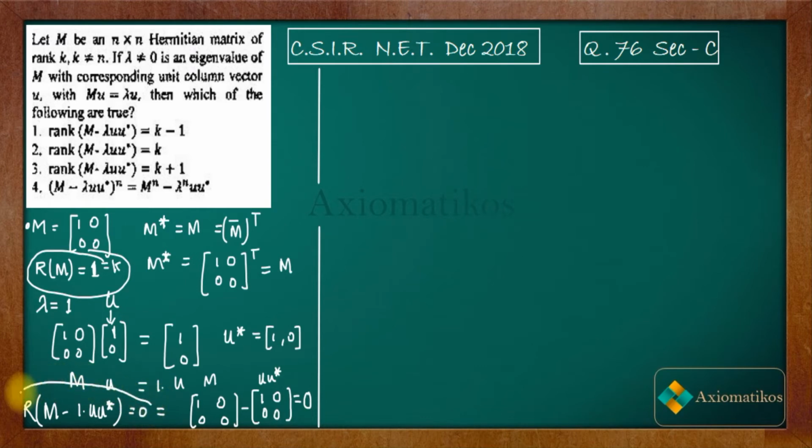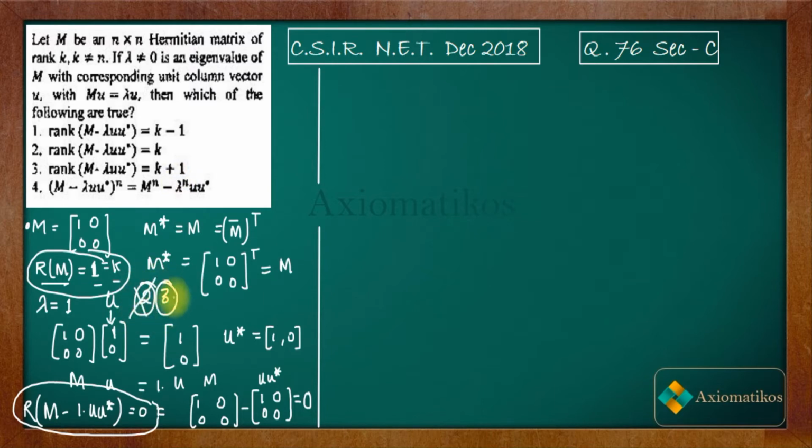So the rank of M minus 1 times u star is 0, while the rank of M is 1, which is equal to k. So the rank being k minus 1 is satisfied. It tells us that the rank of M minus lambda u star being k is wrong, because we are not getting 1 here. So from this example we can discard the second and third options.